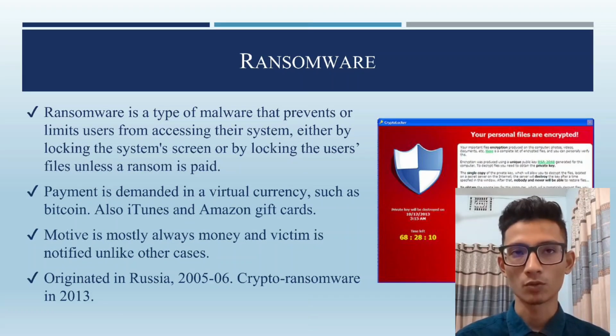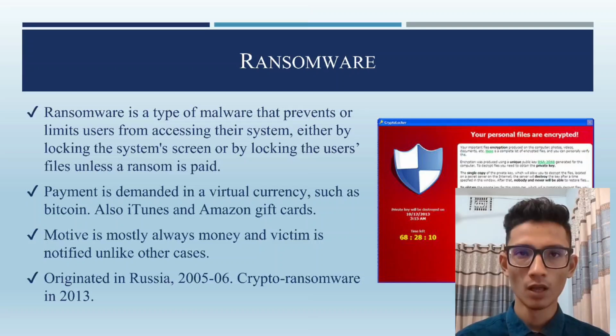Then, the ransomware. Finally, we have ransomware. This is a type of malware that blocks you from accessing your own system or files, typically by encrypting them, and then demands a payment or ransom to restore your access. The motive is almost always financial, and unlike other malware, the victim is directly notified of the attack.